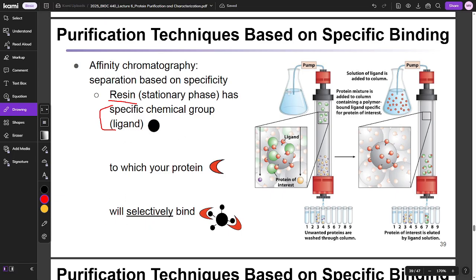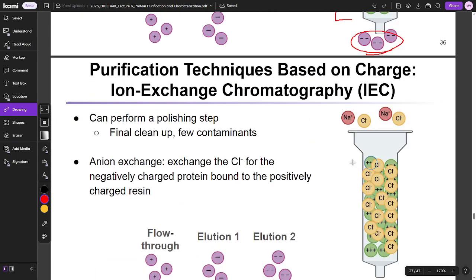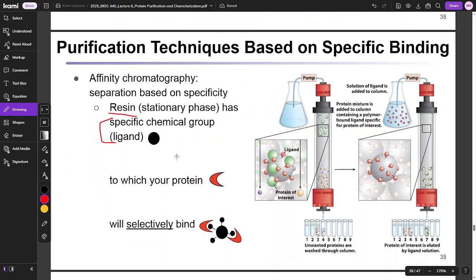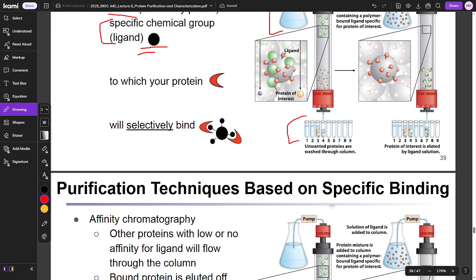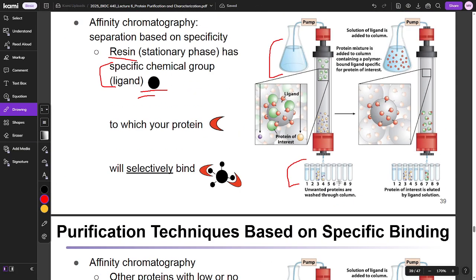So instead of filling the column up with ions, you fill the column up with this ligand, and then you dump your protein solution in, and you take different eluent liquid samples to try and figure out whether the protein binds or not.